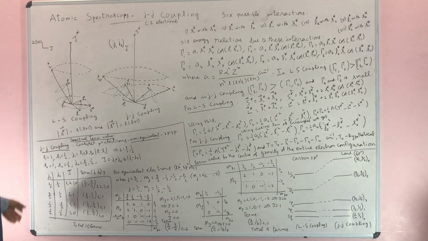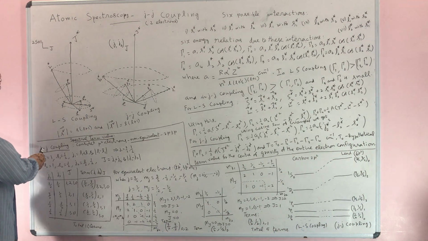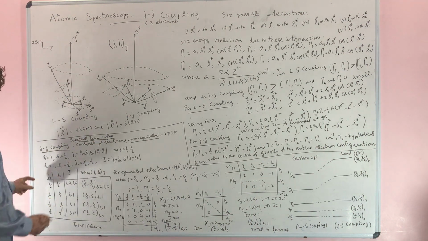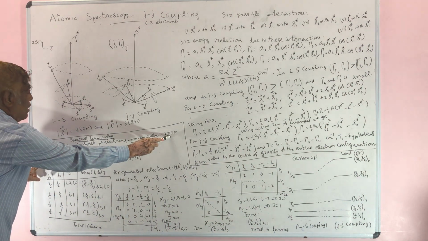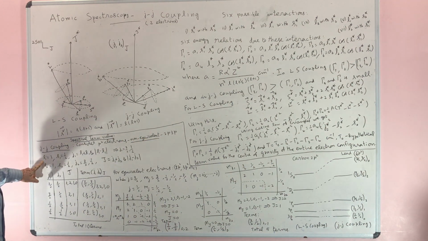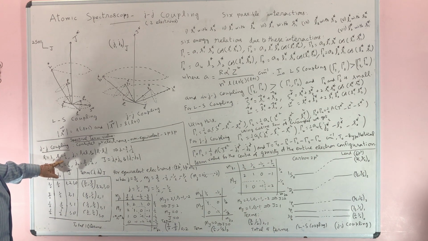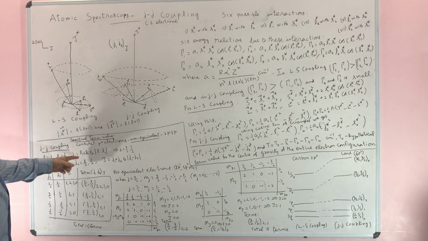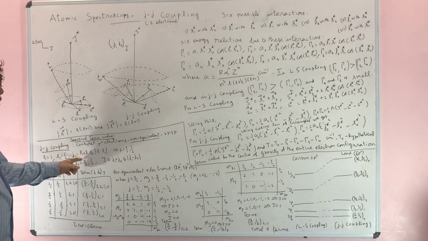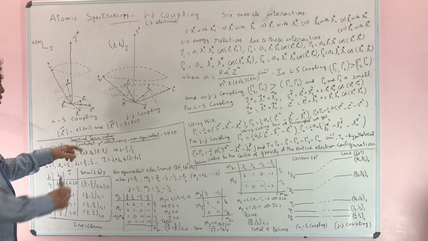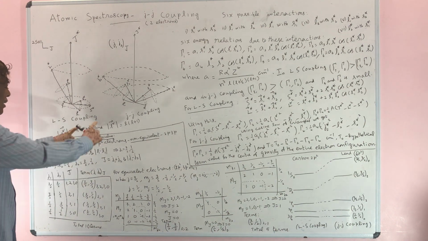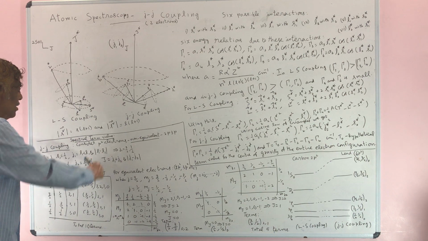If you want to find the JJ coupling, for the first electron, since it is a p orbit, L1, the orbital angular momentum quantum number, is equal to 1, and S1 is equal to half. So what is J1? J1 is equal to L1 plus S1 down to L1 minus S1. That could be a negative number, so we are using the modulus.